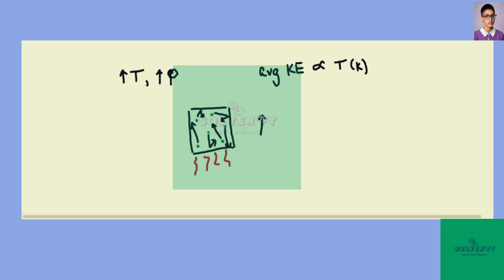If I increase the temperature of a gas and I warm it up, that means I'm increasing the average kinetic energy of my sample of gas, which leads to an increase in the collisions of the gas particles, as well as an increase in the force with which they collide, which we will register then as an increase in the pressure that is exerted by that gas.